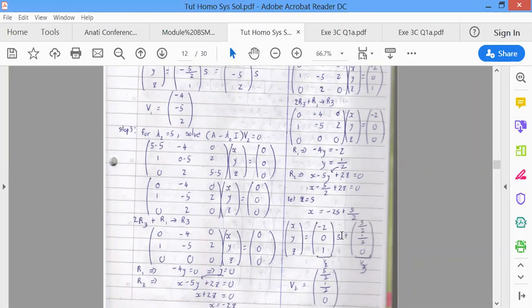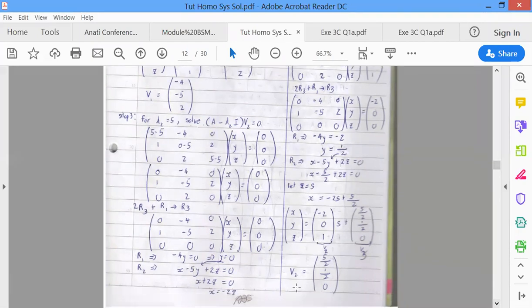Meaning you divide it into a vector that depends on s and a constant vector. y is 0s plus half, z is 1s plus 0. So this is actually the v2 that you obtained in step 3. So the new vector is actually your v3. So this one is v3, not v2.